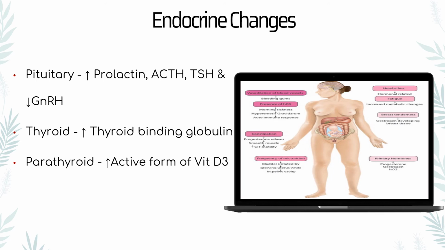Parathyroid hormone shows increase in its size and also in its secretion. So the raised level of parathyroid hormone increases the activation of vitamin D3 and vitamin D3 binding protein.